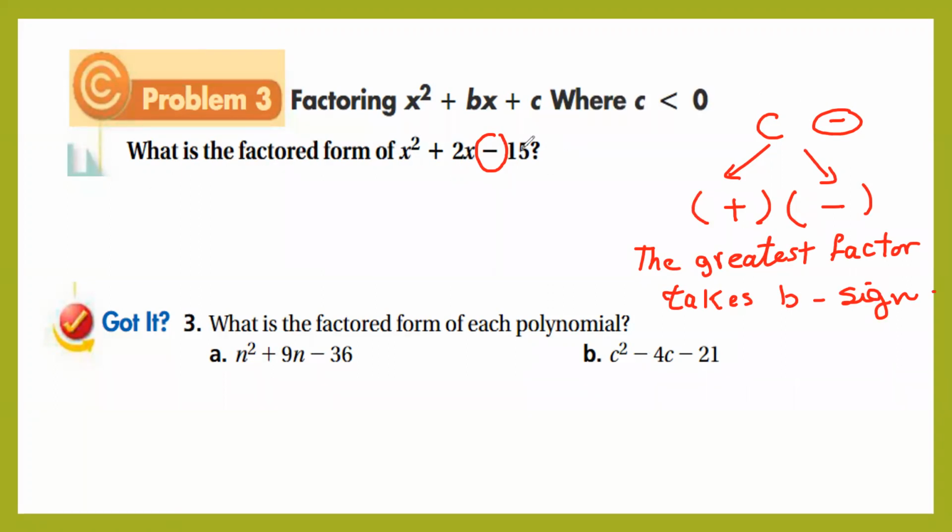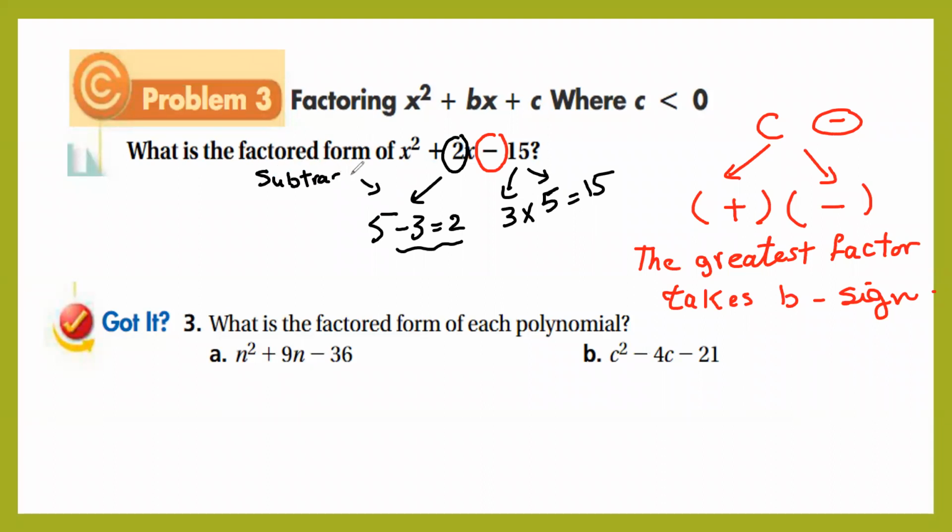Okay, look at here, 15, yes, 3 times 5. Take care here, the B is not addition. B here is subtraction. In this case, it's 5 minus 3 equals 2. So here the term B is subtraction of factors.